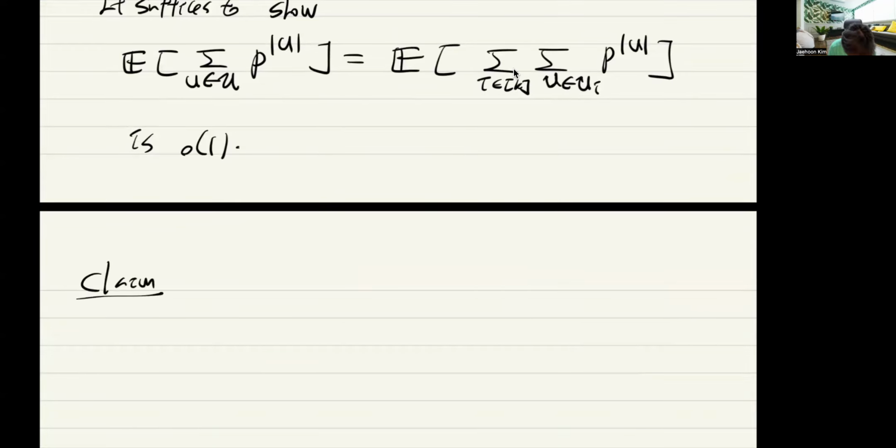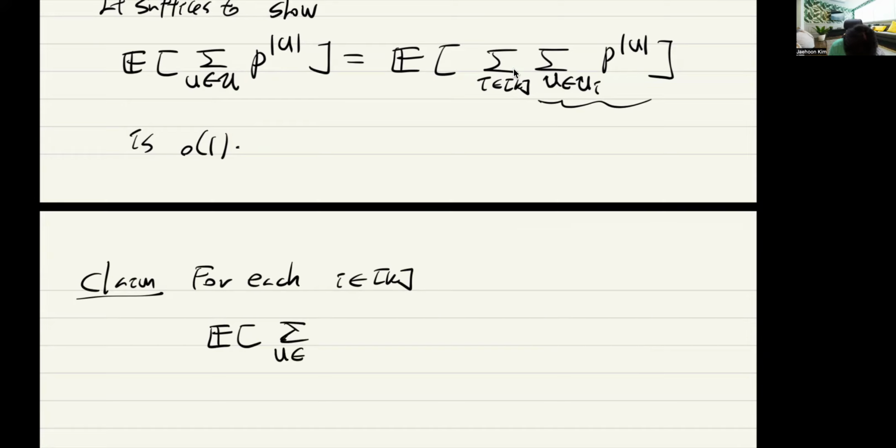With that, we claim the following. For each i, its expectation for fixed i is at most L to the negative 0.8 Li. Technically, Li, for each i you have a different value.